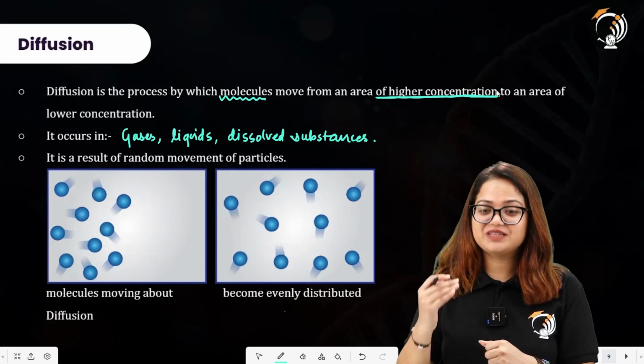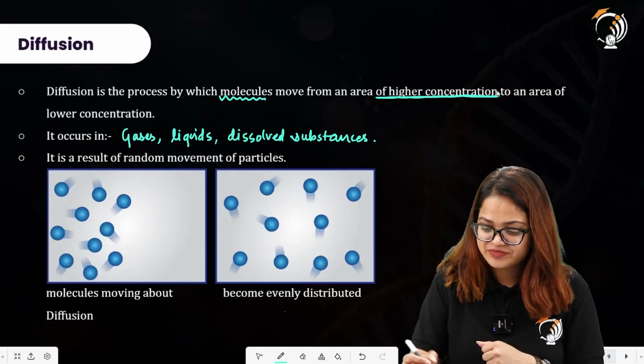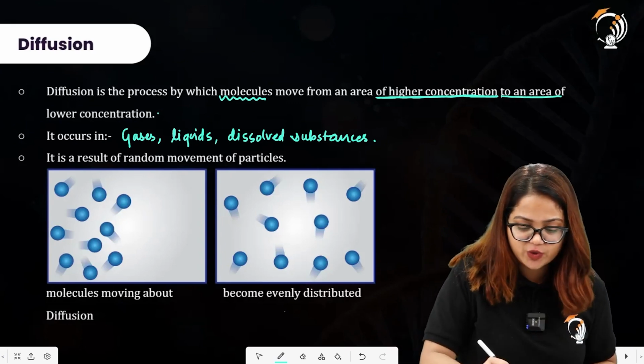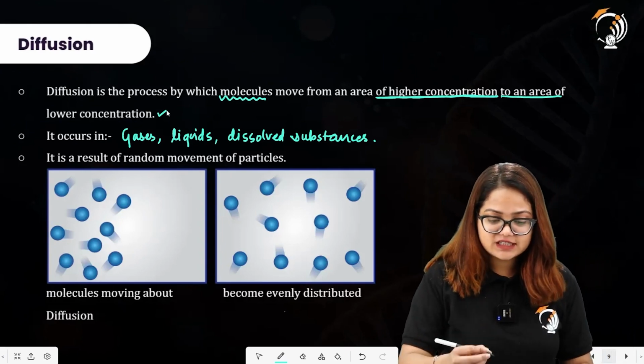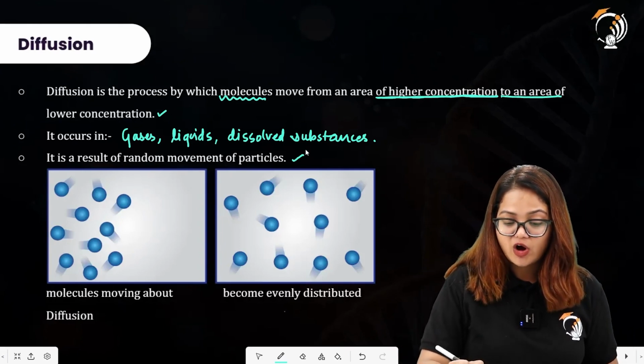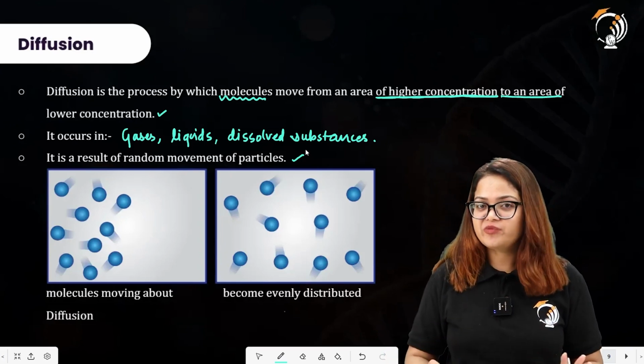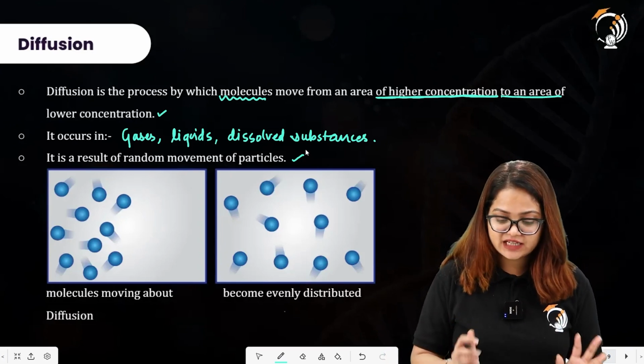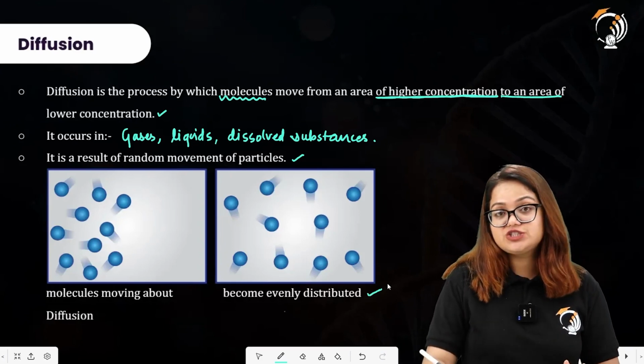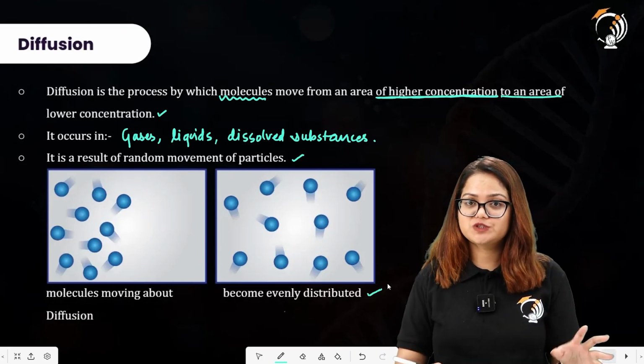So you have to keep these terminologies in your mind. It is a result of random movement of particles. The molecules exhibit a random movement in any direction and become evenly distributed whenever we talk about the diffusion process.